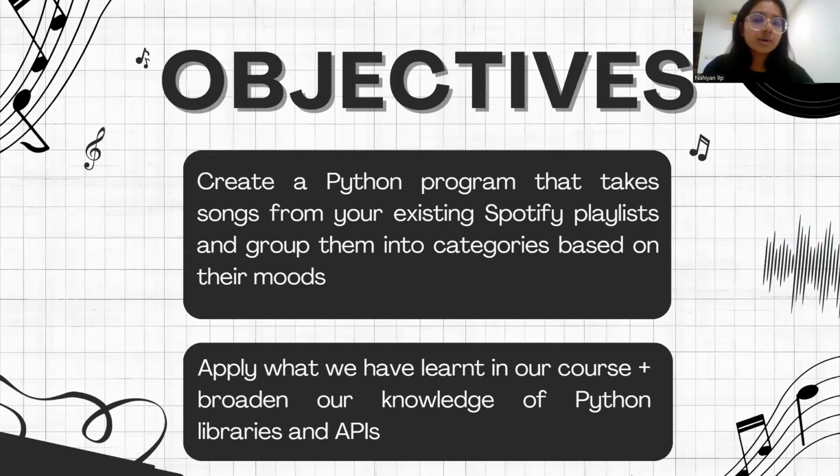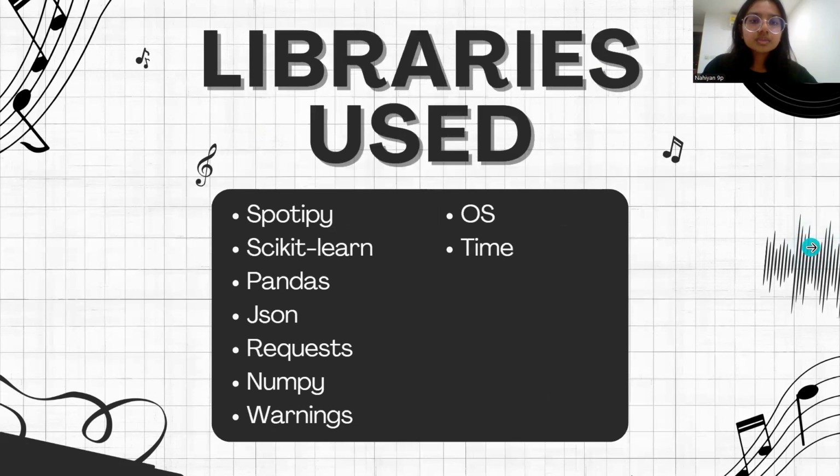Another objective of ours is applying everything that we have learned in our course, along with broadening our knowledge of Python libraries and APIs. The libraries that we used in our project include Spotify, scikit-learn, pandas, JSON, requests, NumPy, warnings, OS, and time. So in total, we used 9 libraries.